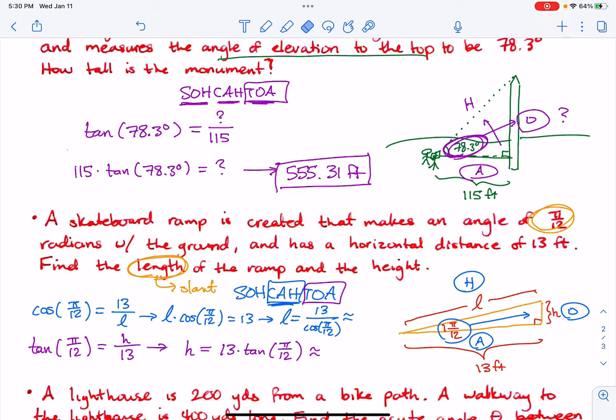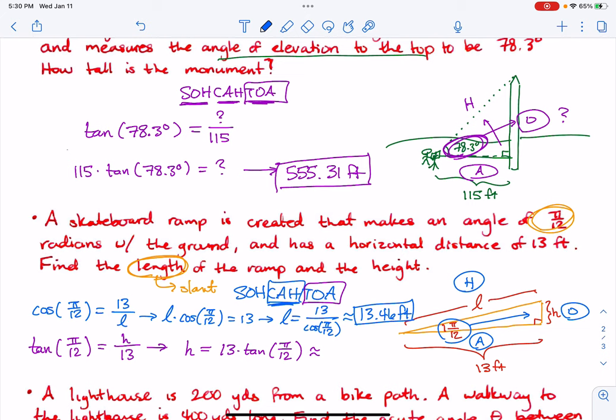So 13 divided by cosine of pi over 12. That's going to be, it looks like, 13.46. And that's going to be, it looks like, what, feet. Gotta have units. Yeah, and it's a little bit longer than the horizontal distance, right?